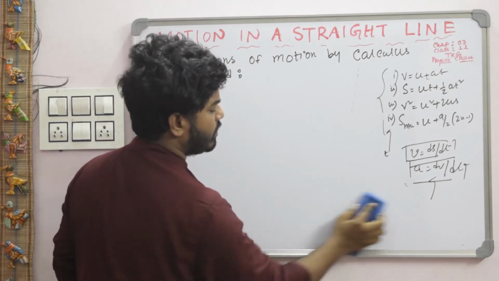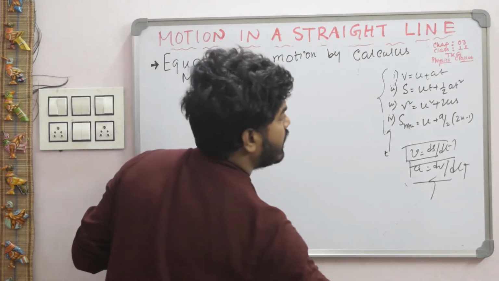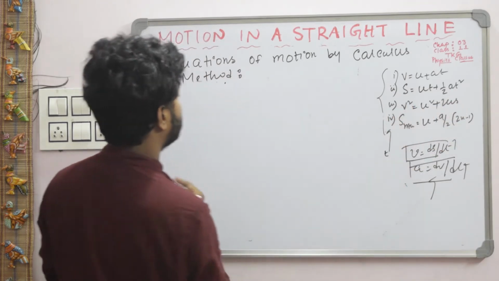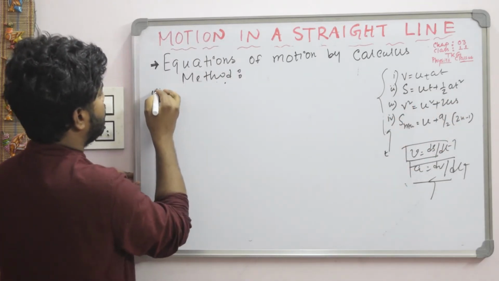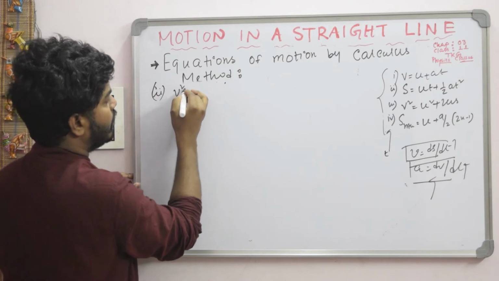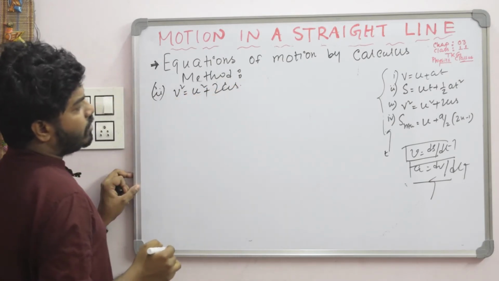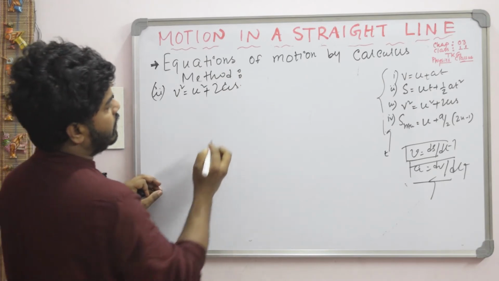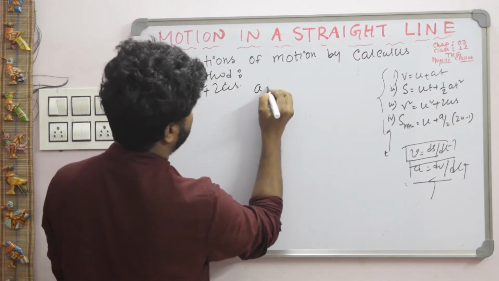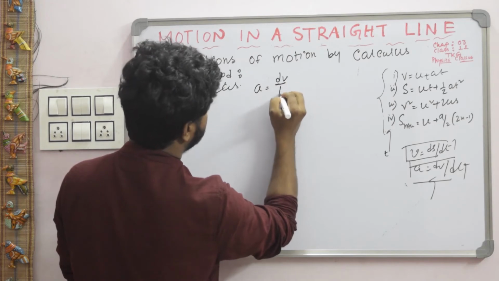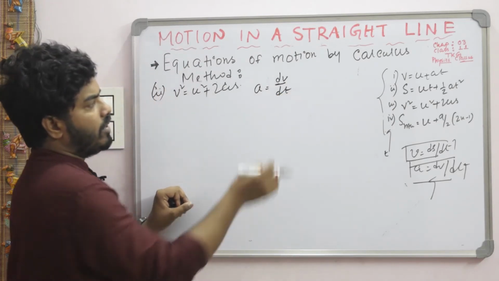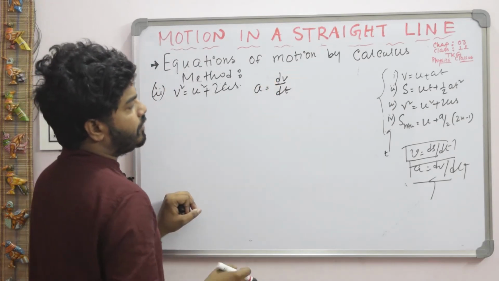The third equation is named as the relation of velocity and distance. Third equation, that is v square is equal to u square plus 2as. So in this equation I write a is equal to dv by dt, you know, the velocity change by time interval.